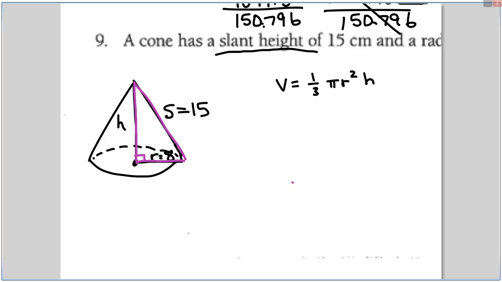Alright, pick it up. So this is a short side or a long side Pythagoras? Short side. So which number goes first? 15. Take away 8. Square them. Square root it. Getting like 12.688.